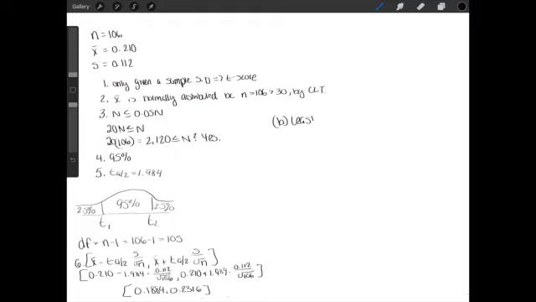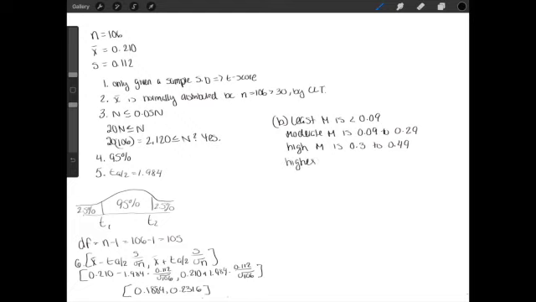Least mercury is less than 0.09. Moderate mercury is from 0.09 to 0.29. High mercury is 0.3 to 0.49.